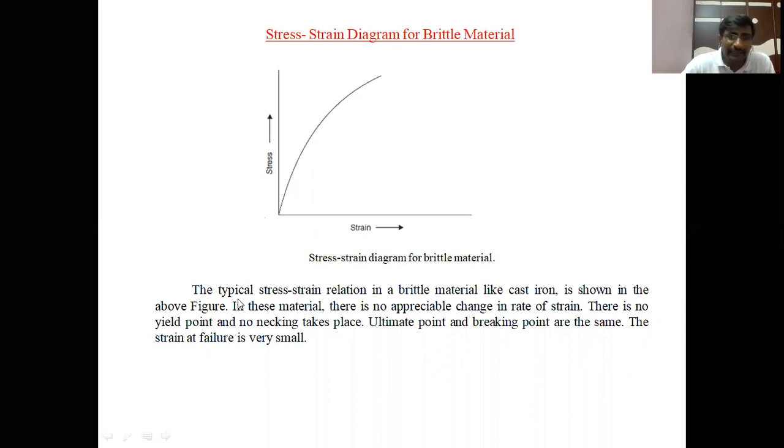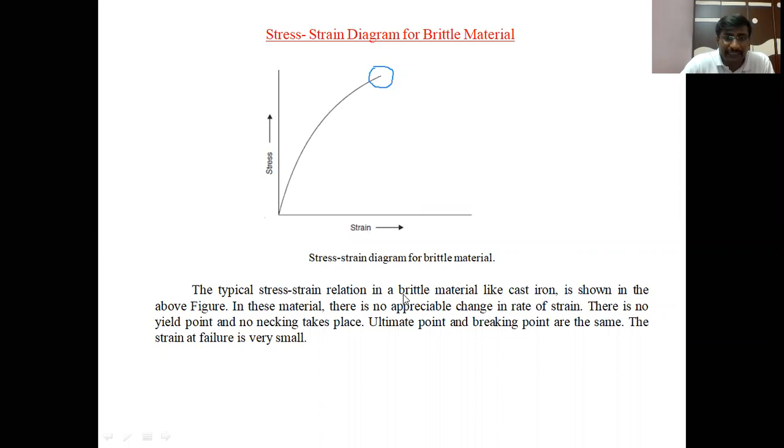The diagram does not contain any yield point for brittle material. With a little strain, that is with little deformation, this brittle material fails or breaks. This is the breaking point.